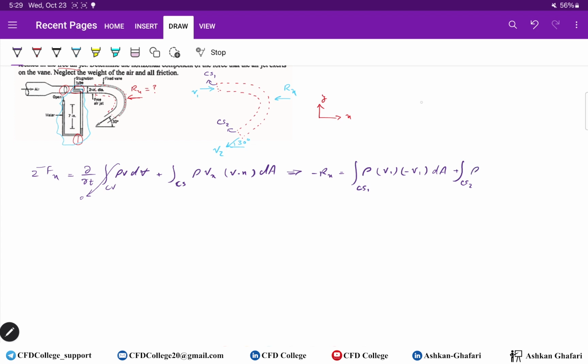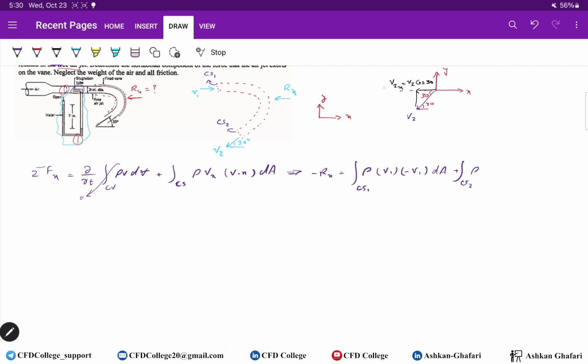V2, we should find the component in x direction, so this is x and this is y. If this is 30, here is also 30 degrees, and the component in x, which is V2x, equals V2 cosine of 30.